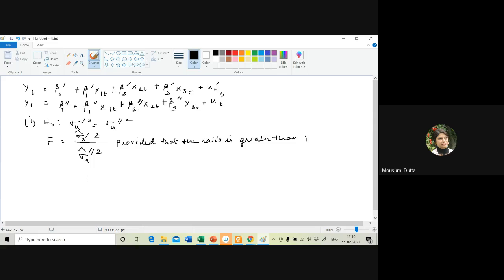So we are starting with this. If we find this is greater than 1, we will proceed. Otherwise, we will consider the reverse ratio. That is, we will consider sigma u hat, this we will consider.